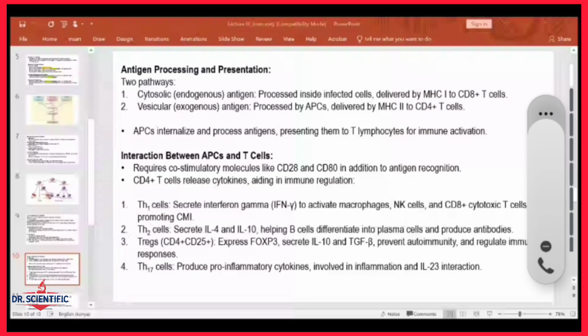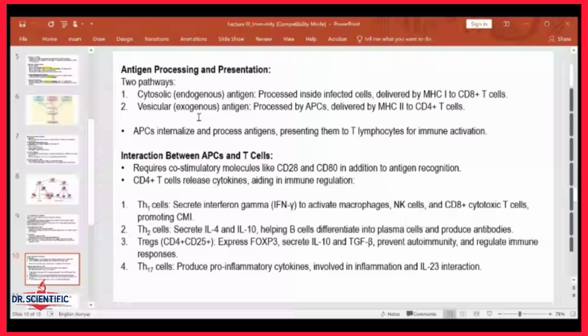So we have two pathways: one targeting antigens that are extracellular, and one targeting antigens that are intracellular. For intracellular antigens, we refer to that pathway as cytosolic, and for extracellular, we refer to that pathway as vacuolar.